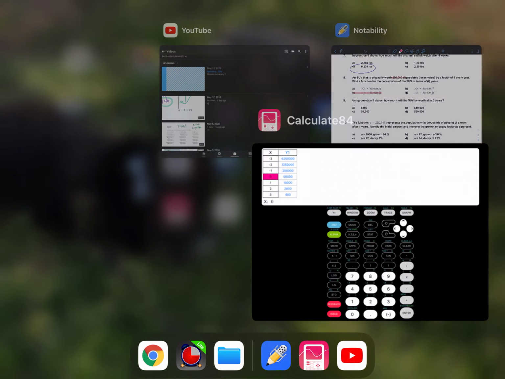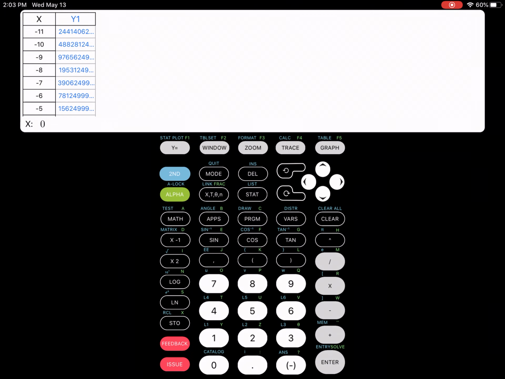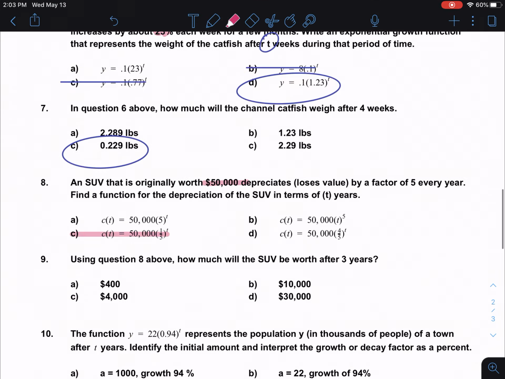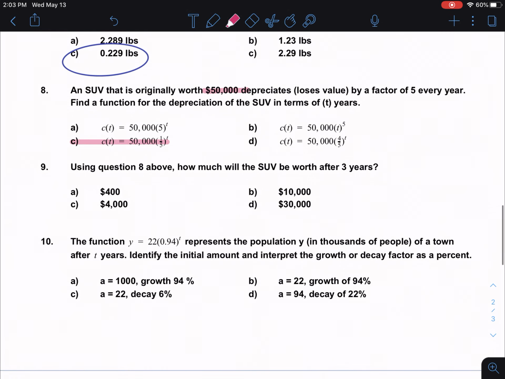After 3 years, it says $400. That one would be A.